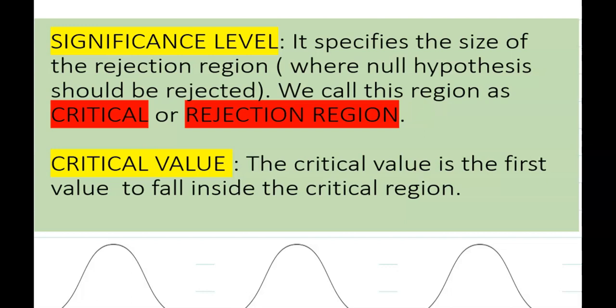And the critical value is the first value to fall inside the critical region. You need to understand the definition first, and once we see it with an example, things will become clear, one by one.